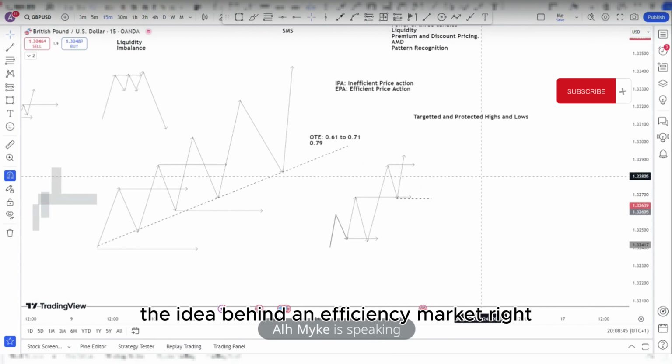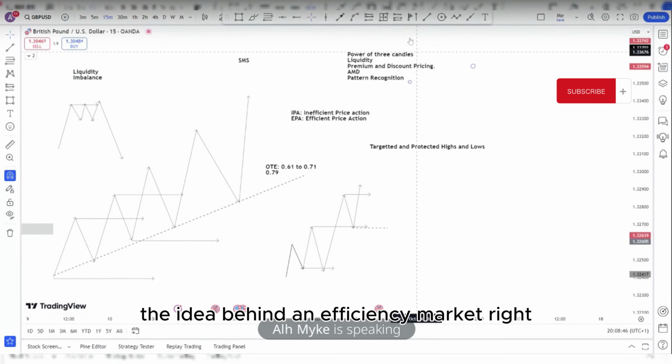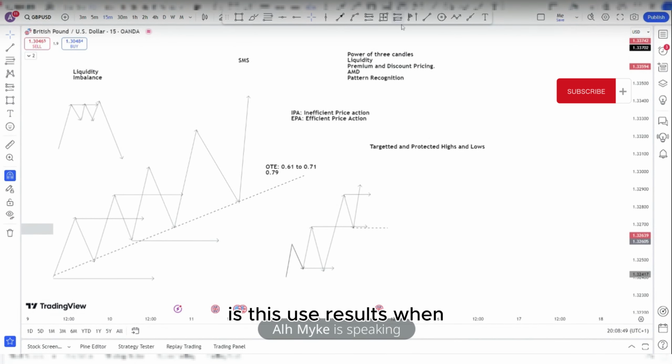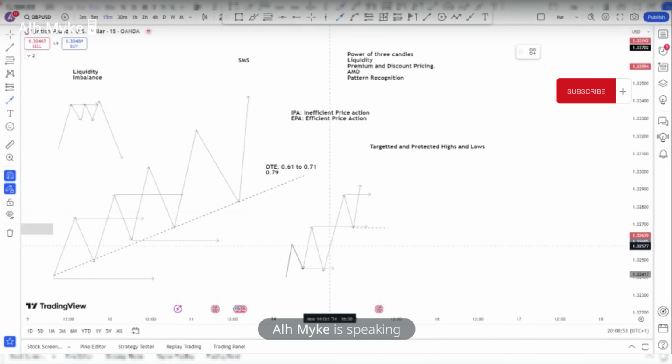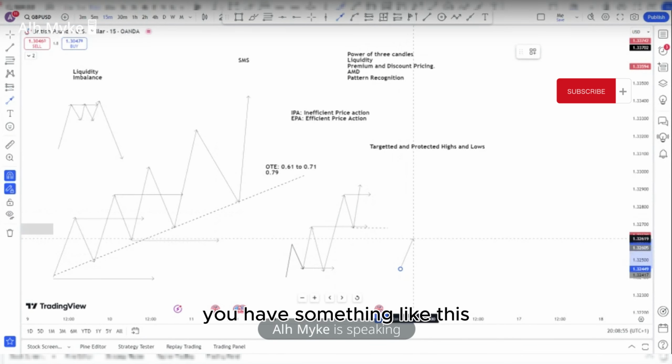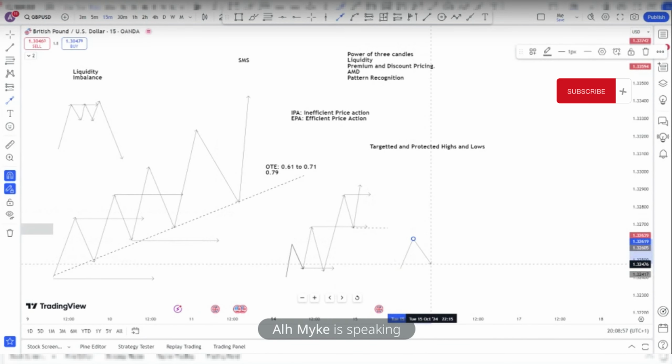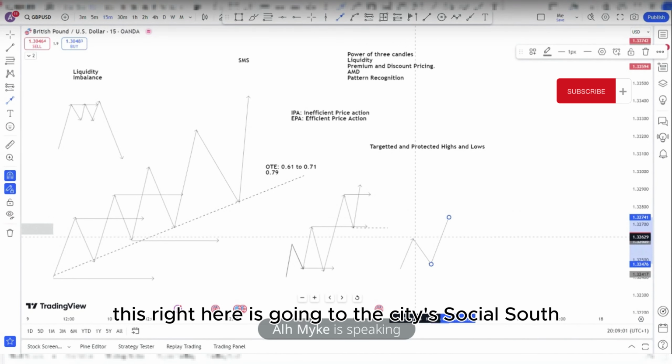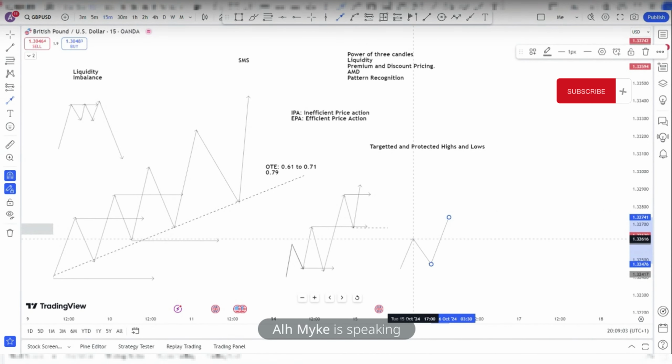Okay, the idea behind an efficient market is this. When you have something like this, right, this serves as our break of structure.